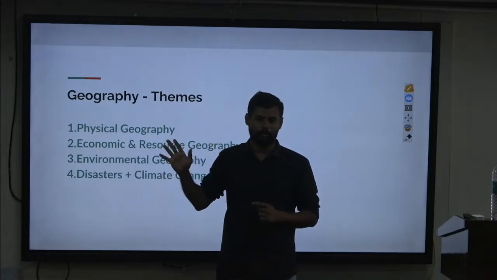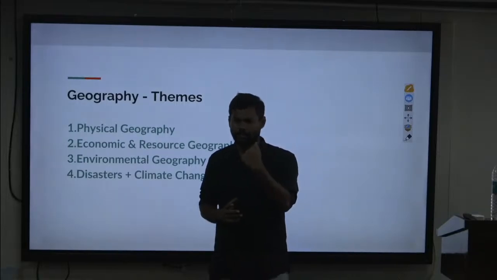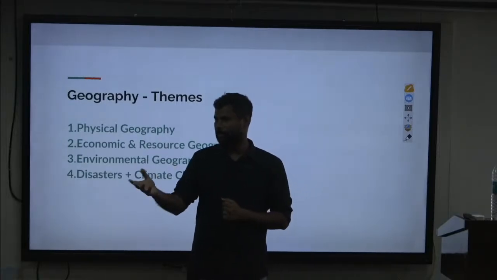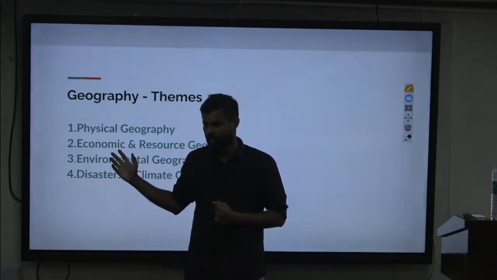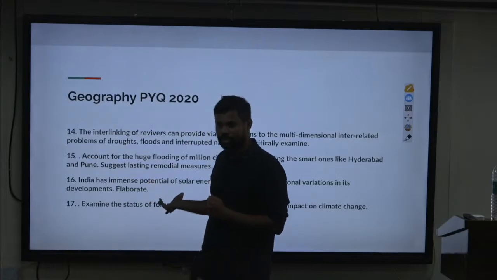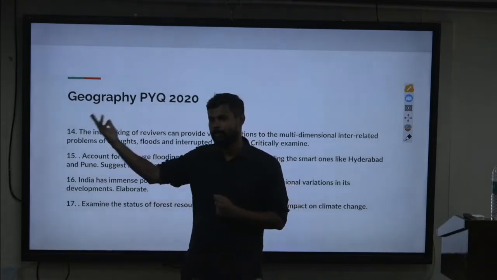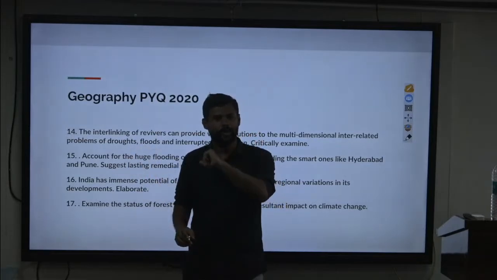So the phenomena can be anything. The phenomena can be urbanization, interlinking of rivers, forest resources of India. It can be circum-Pacific zone, mining areas, iron and steel industries. Phenomena can be X.